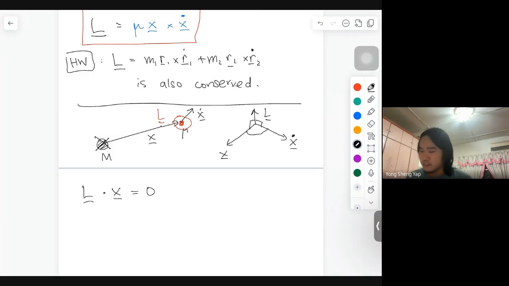So the dynamics of the reduced mass always lie in a plane.